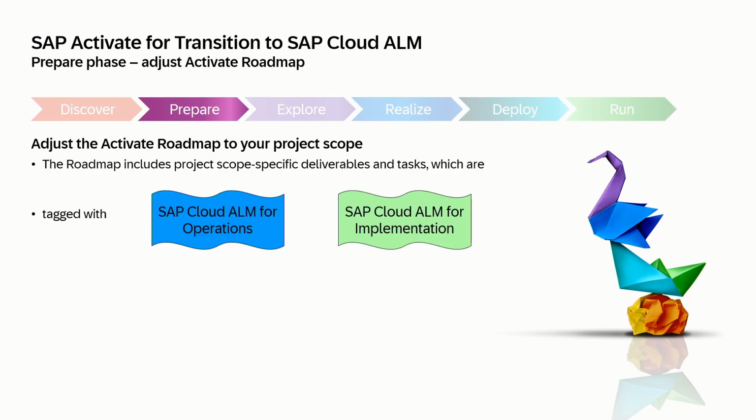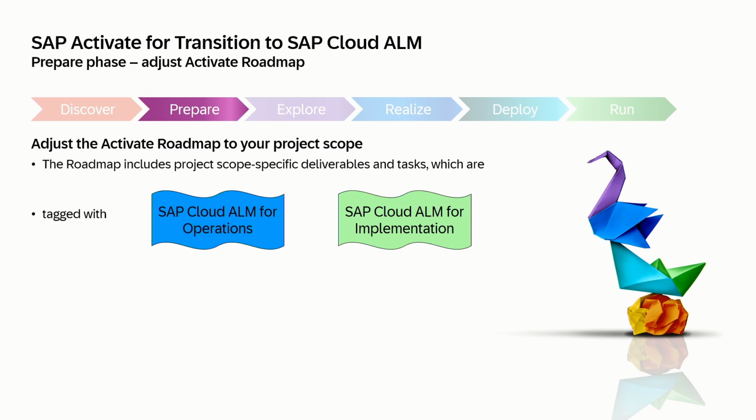What I also would like to highlight is that with this Activate roadmap, we are covering operations implementation, so implementation of SAP Cloud ALM for operations, but also the implementation of Cloud ALM for implementation.